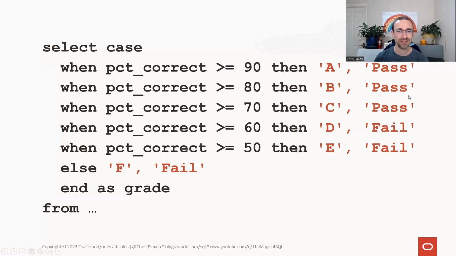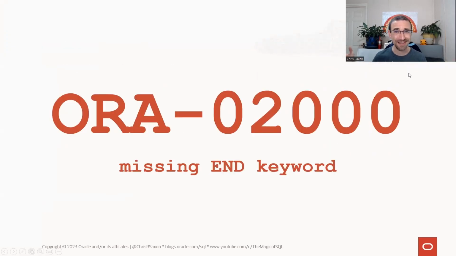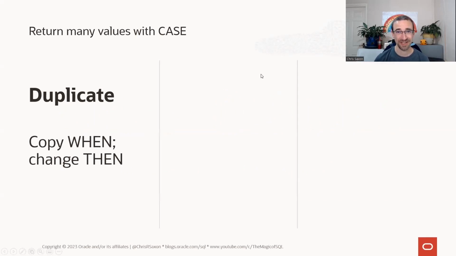So you might try and do something like this, have our one case expression and return two values here. Unfortunately, you can't. You can only return one expression in each when clause. So what do we do here? How do we get around this? Well, there are various approaches. Perhaps the most obvious and probably the worst is we just duplicate the whole case expression.